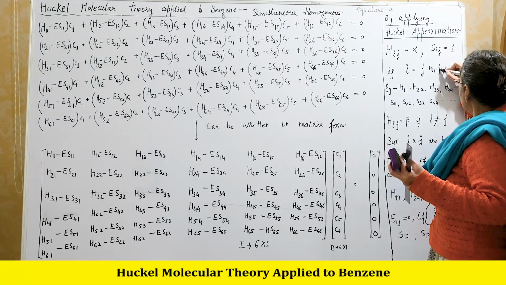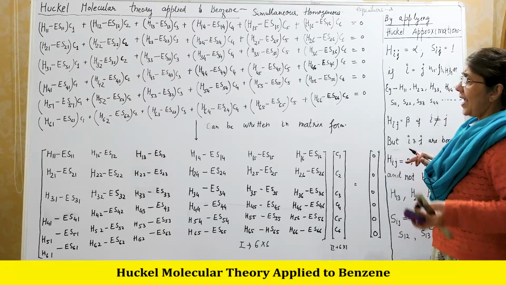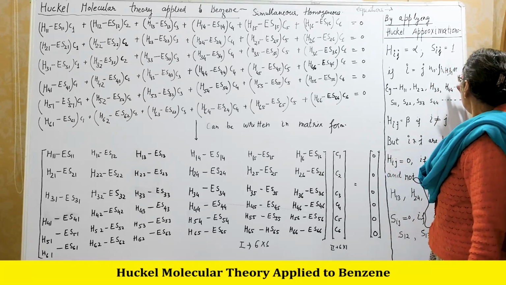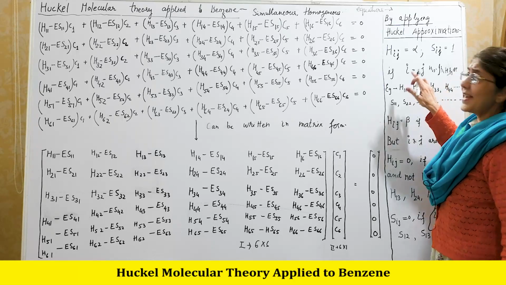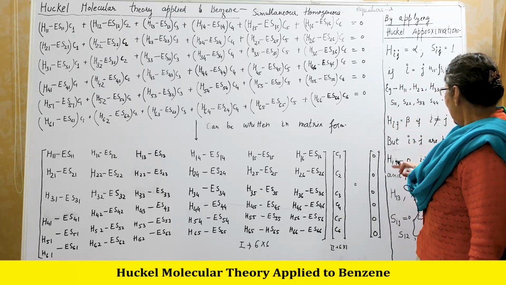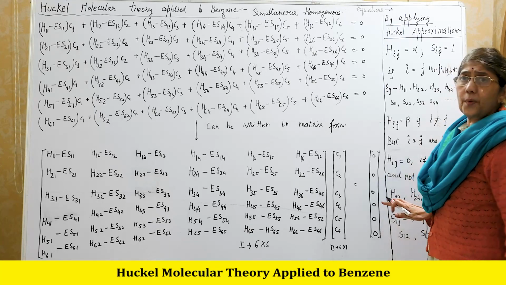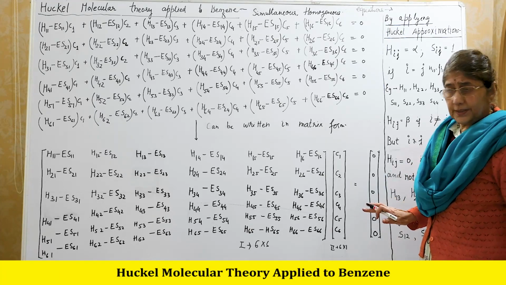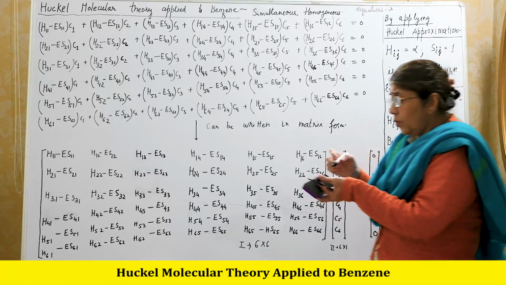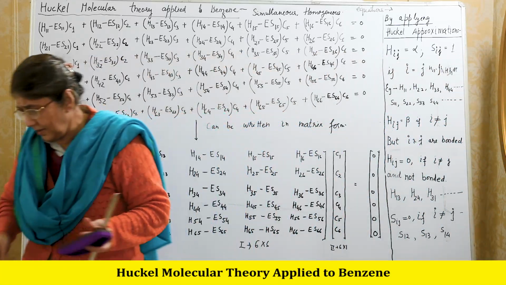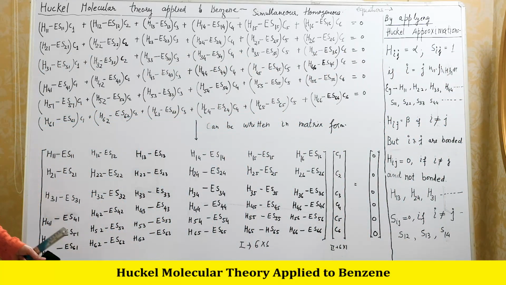This is represented as Hij, or if both are the same, then Hii. In a similar way, S is the overlap integral, and this is the Coulomb integral. I have already explained this.